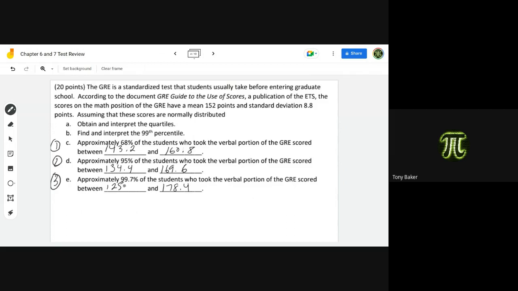That's 125.6. That's how I would do that one. You could do each one individually, it's fine. Saves you less buttons you have to click in your calculator. Any other questions on that one?